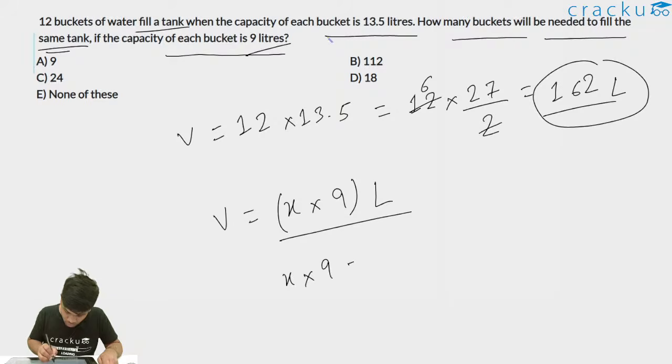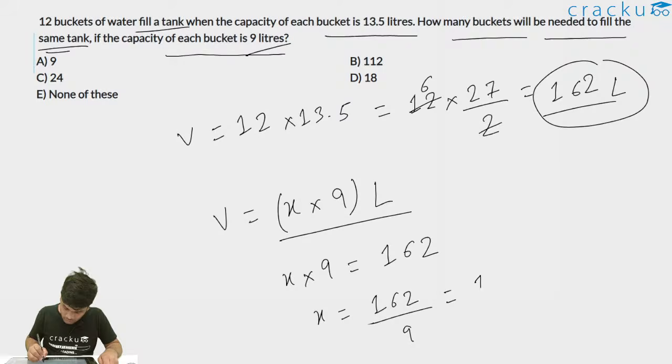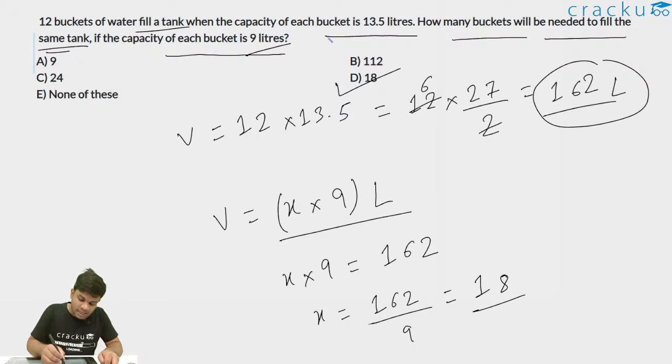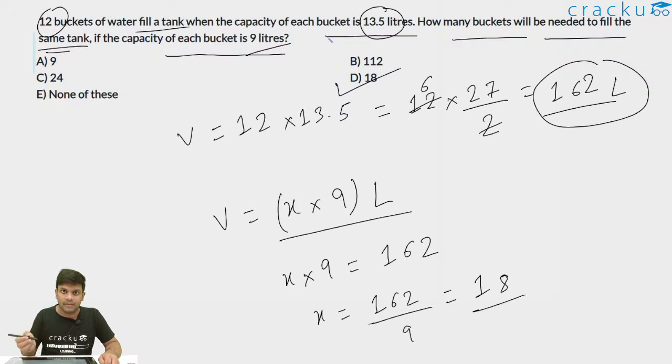So 9 into x is equal to 162. So x will be 162 by 9, which is 18. So we need 18 buckets with a capacity of 9 liters each to fill the same tank, which was filled by 12 buckets with a capacity of 13.5 liters. So our answer is option D, which is 18.